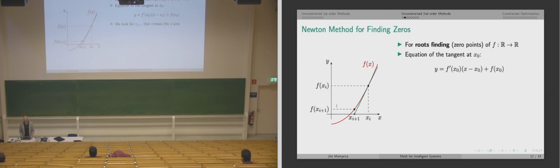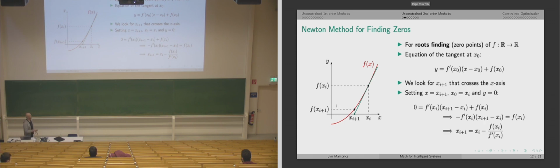We look for xi that crosses the x-axis. And now, in order to derive the method, we just set x0 to be xi, and y to be 0.